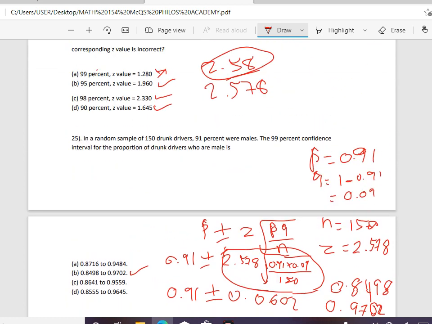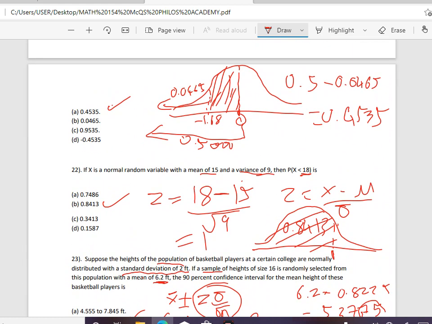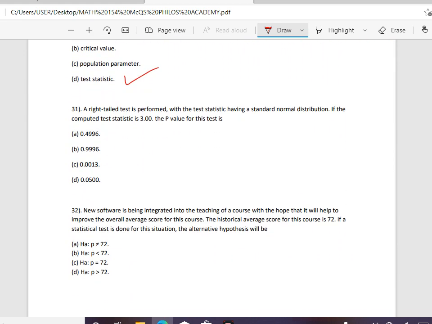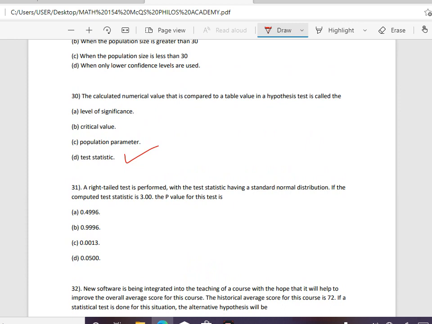When you calculate Z, it's also called a test statistic. So the calculated value that is compared to a table value, which is a critical value, is known as a test statistic.